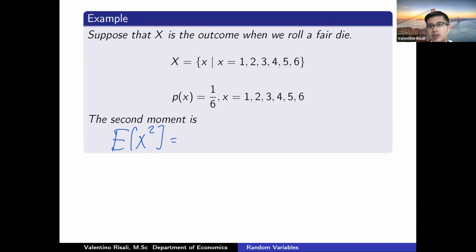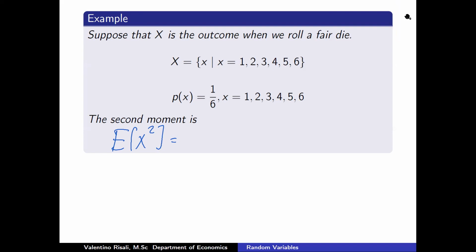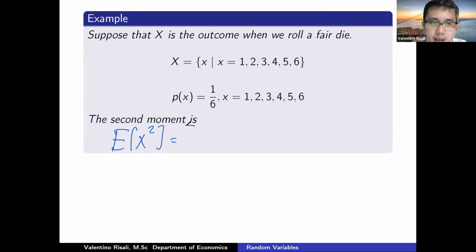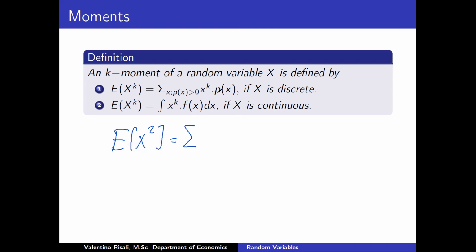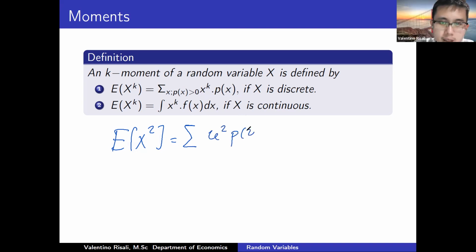Is it discrete or continuous? Discrete. Okay, if it is discrete, we use sigma of x squared times the probability.